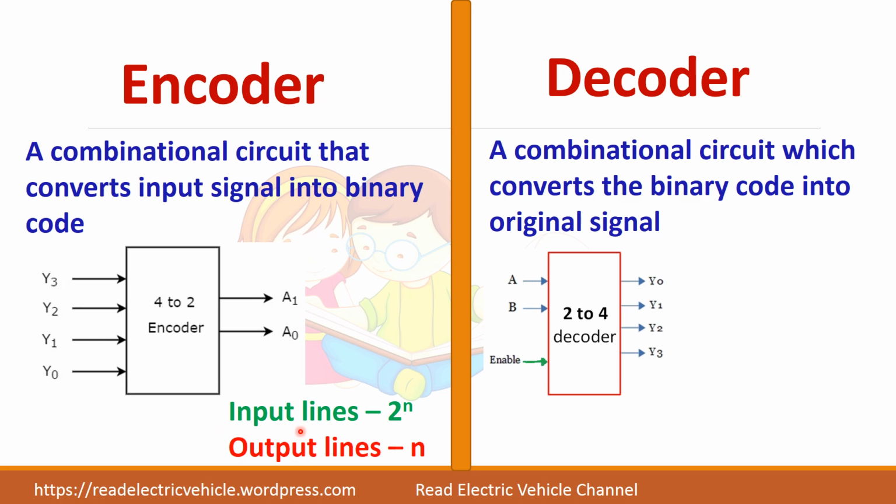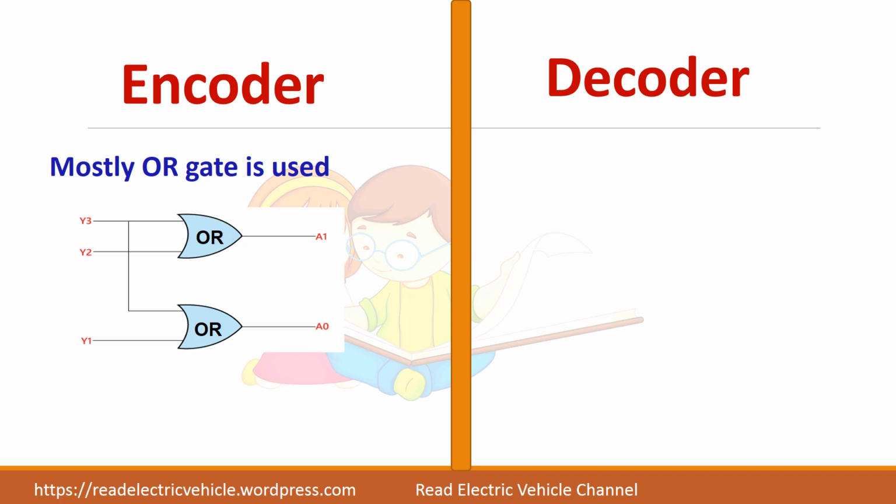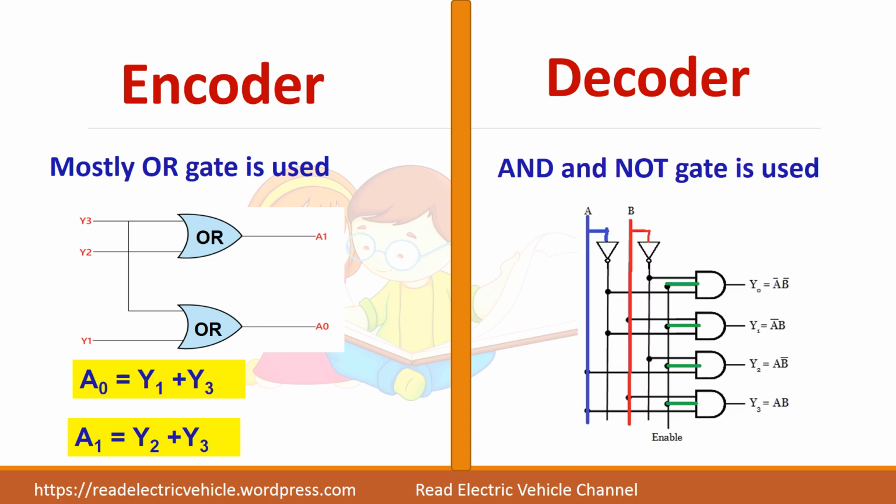So here input lines are 2 power n and output lines are n. Decoder is just the opposite. In an encoder mostly we use OR gates, because in the equations you can see only OR gates are used. In a decoder you need AND gates and NOT gates.